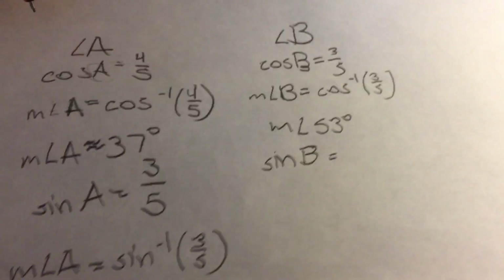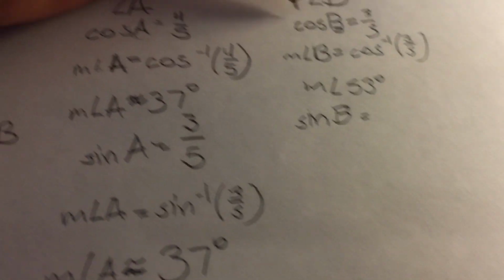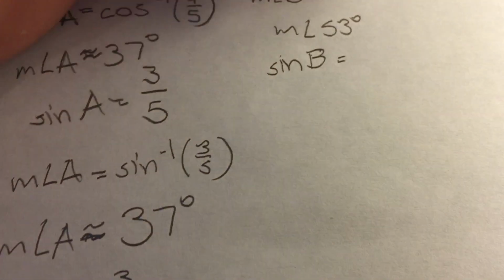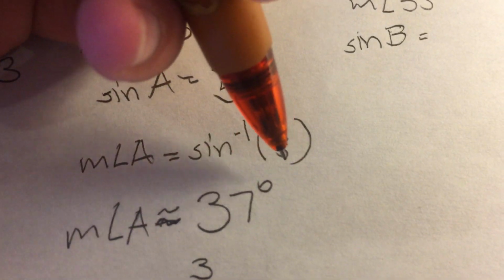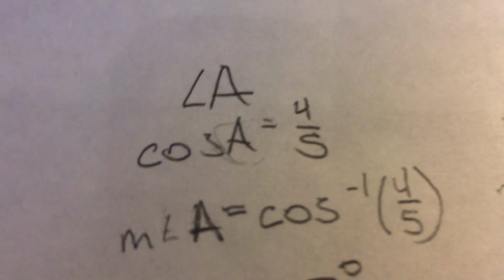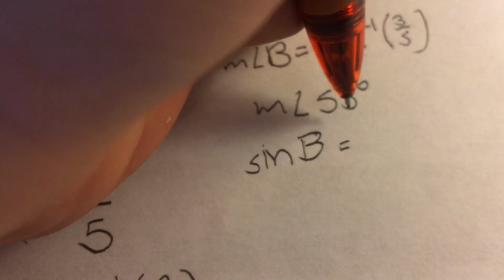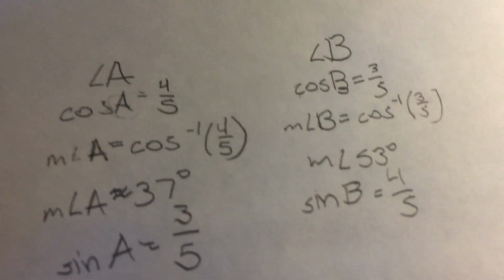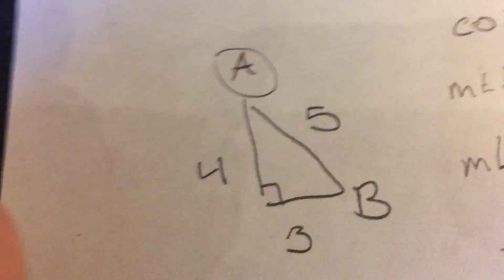Okay, I'm going to do something because I forgot this on the Wednesday one. The cosine of B and the sine of A are the same. You see that? And then the cosine of A would be the same as the sine of B. Just to let you know, because they are complementary angles.